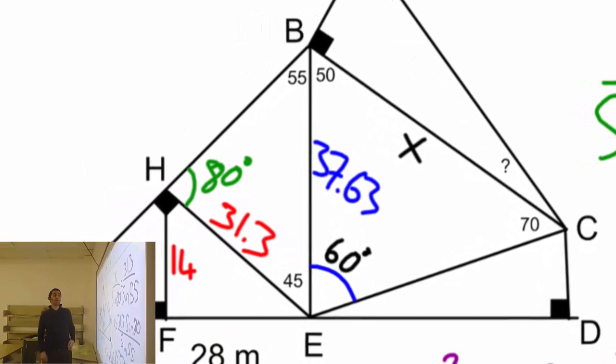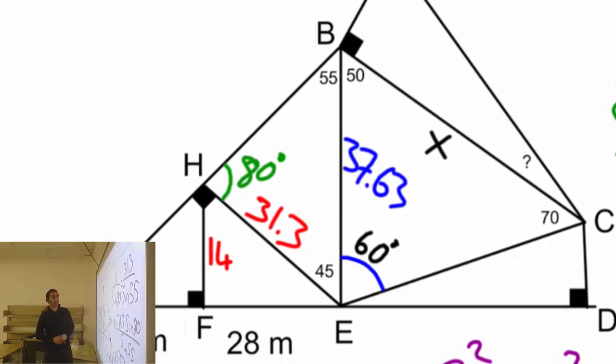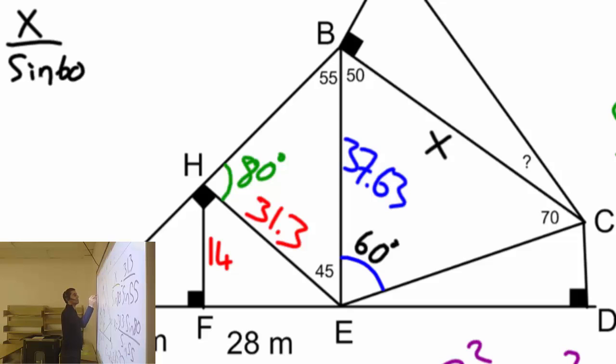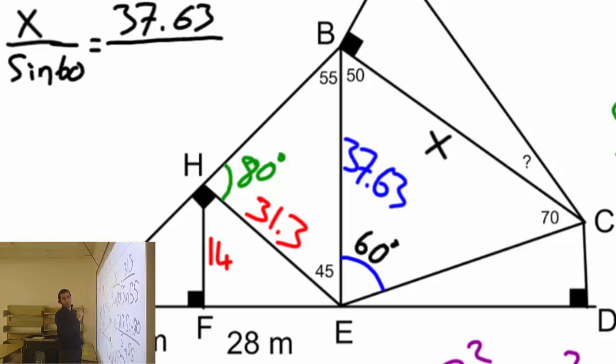And I know I'm going to use the sine law here. So X divided by the angle, which is 60, sine 60, equals the side I know, 37.63 divided by sine 70. 70 doesn't touch that.